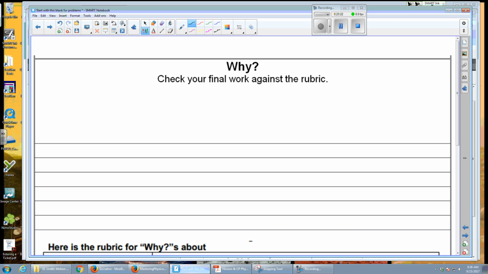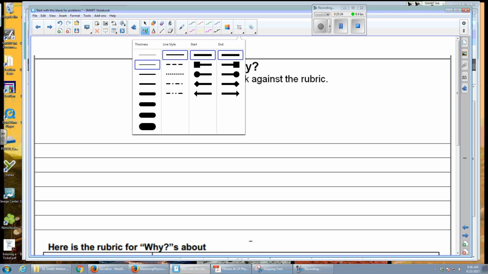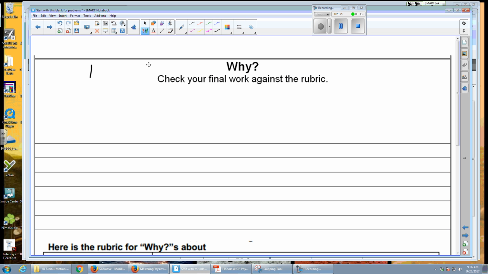So, this is number 1. I would want to show that I understand what distance is. Distance is the length of the path traveled.